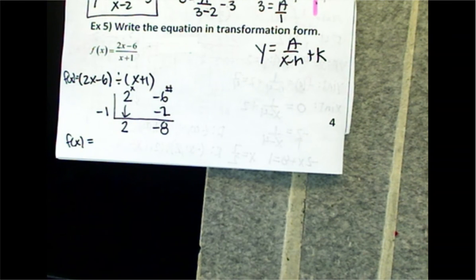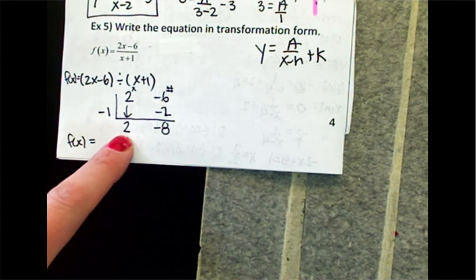So, linear divided by linear. What's negative 6 minus 2? Yeah, we're okay.